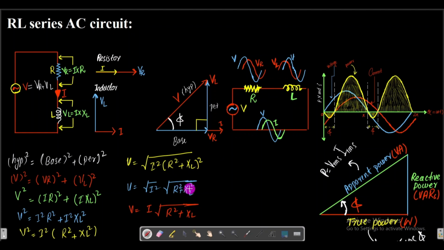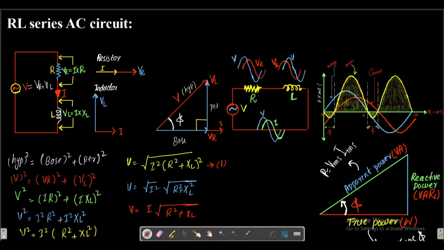This is actually the magnitude. This equation 1 is the magnitude of this voltage, which is given by the Pythagoras theorem.